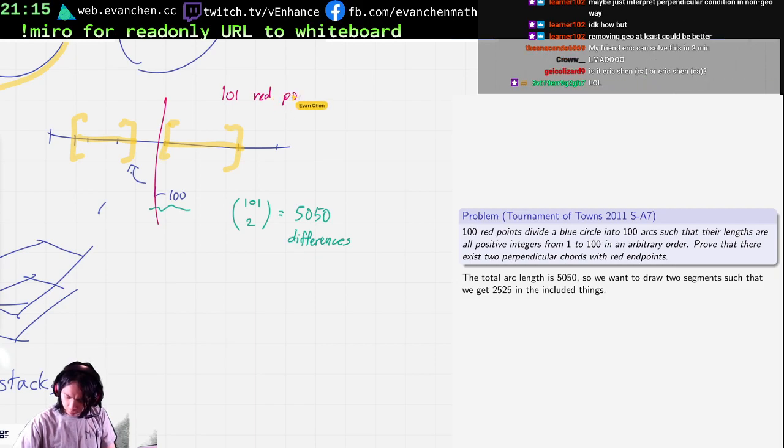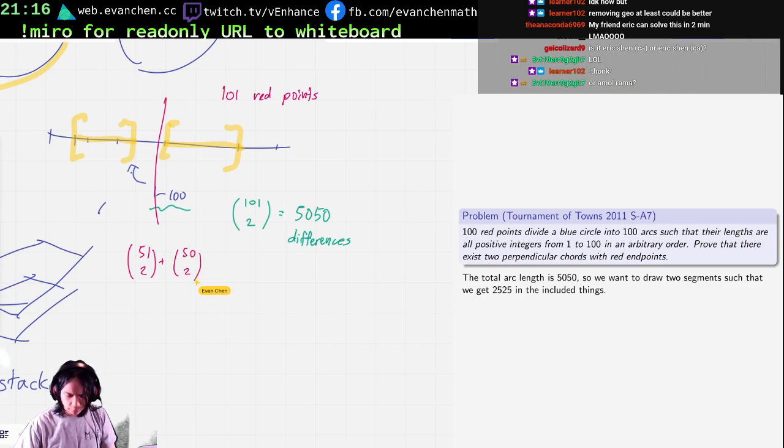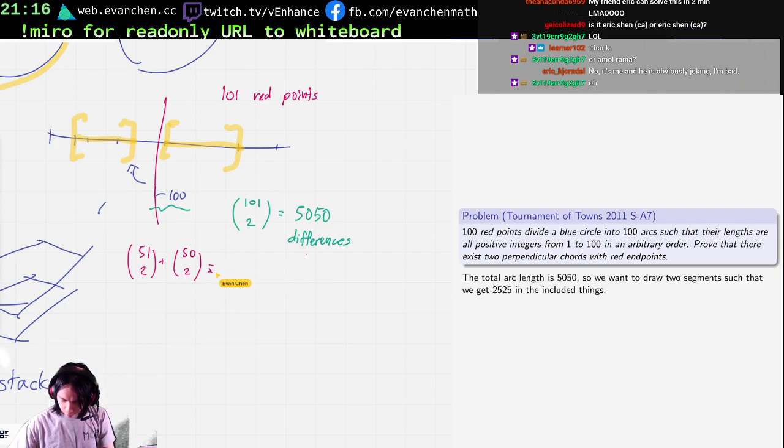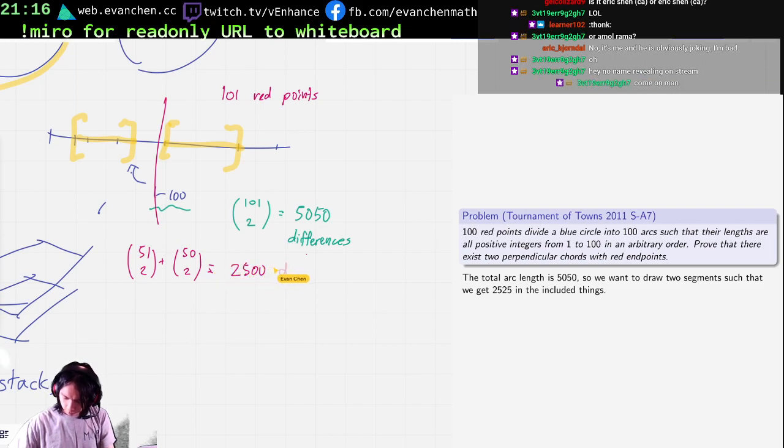I'm gonna cut it in again. So here we get at least 51 choose 2 plus 50 choose 2, I think. Yeah, by convexity this should be the minimum. Okay. So this is like 2,500 differences.